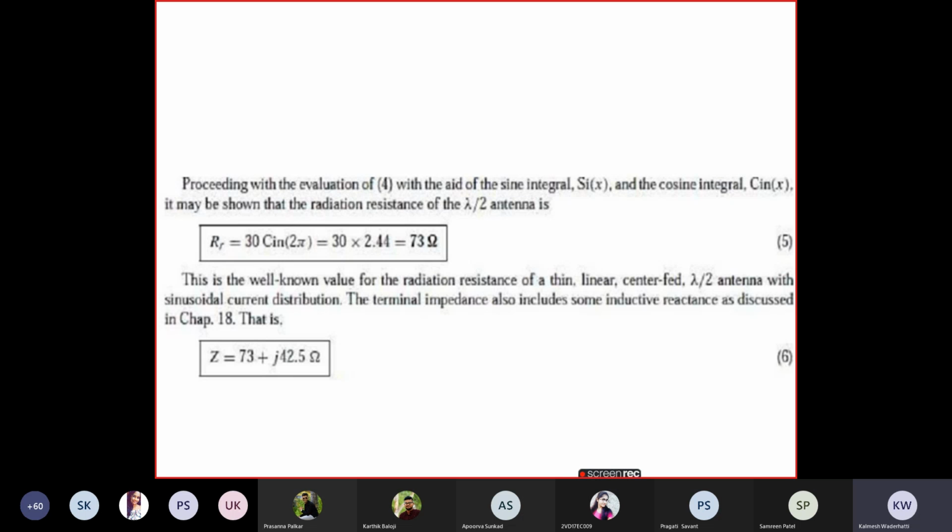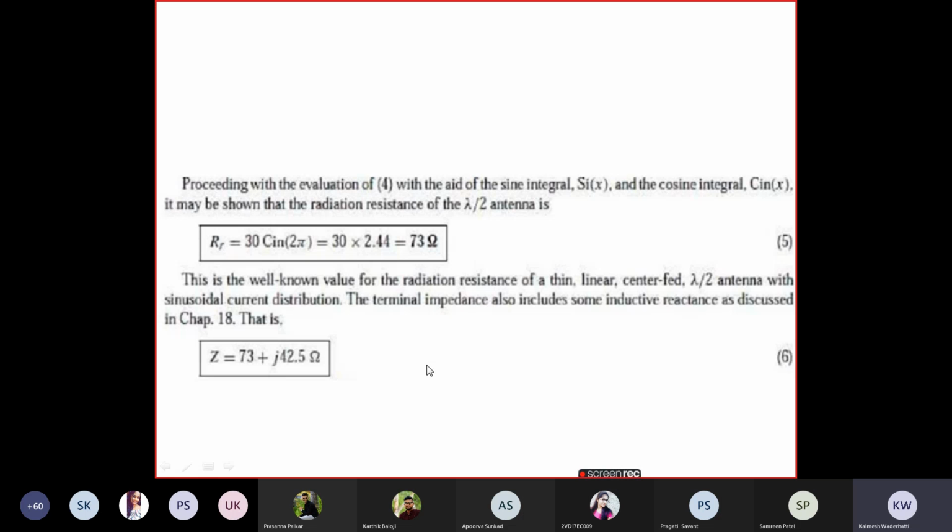Based on that, you can reduce the reactance and make it zero. This is the content you need to understand.